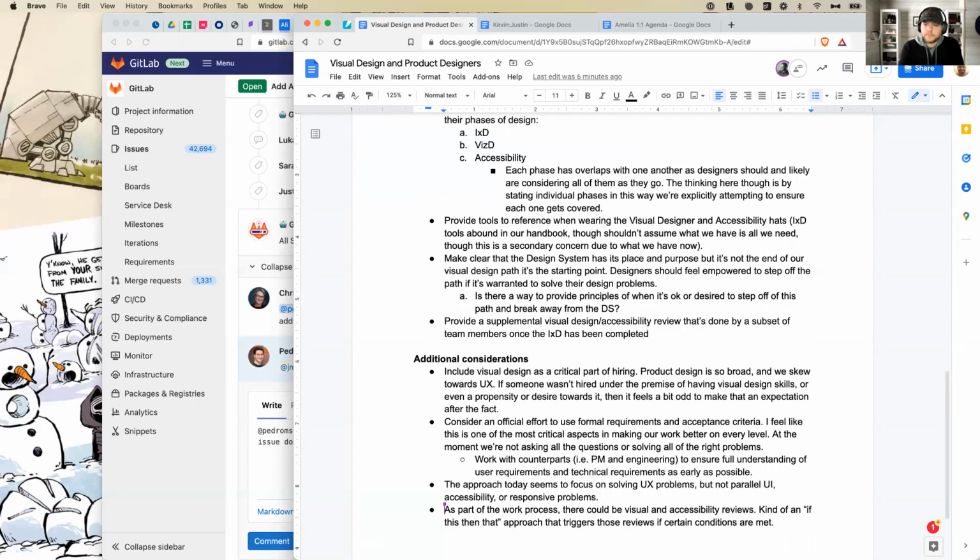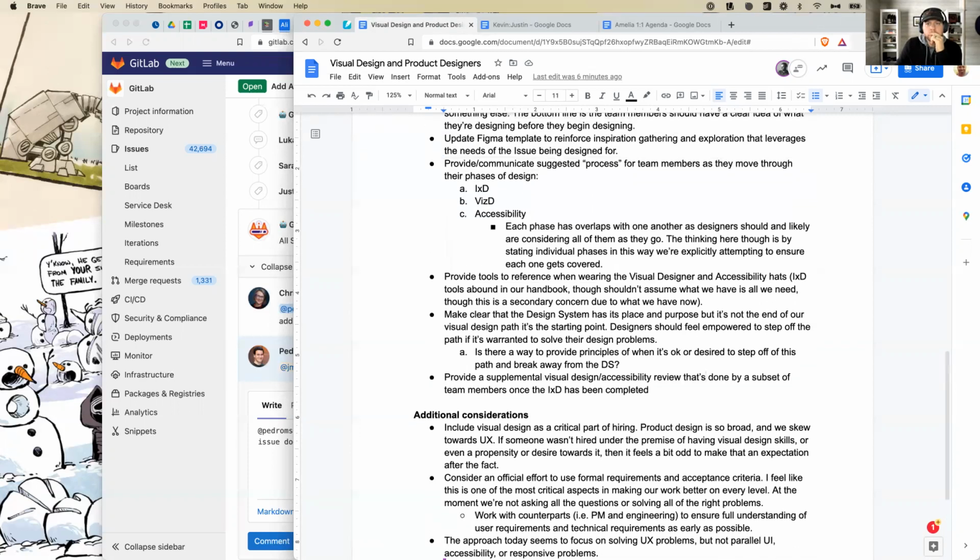It's implied through our other workflows that while you're doing this, you should be collaborating with your team, to ensure that you're understanding user requirements, technical requirements, and at that point, you should also be considering accessibility. Like I think what's missing is these explicit statements that say, consider IXD, consider visual design, consider accessibility.